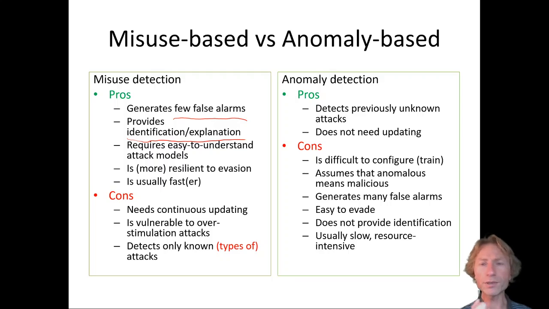On the downside, it's quite difficult to configure because you have to train the system to learn what the regular behavior is, and then to detect what is an attack. It also assumes that anomalous means malicious, and that is not always the case. Maybe the user has installed a new program that does something else on the network or on the system.